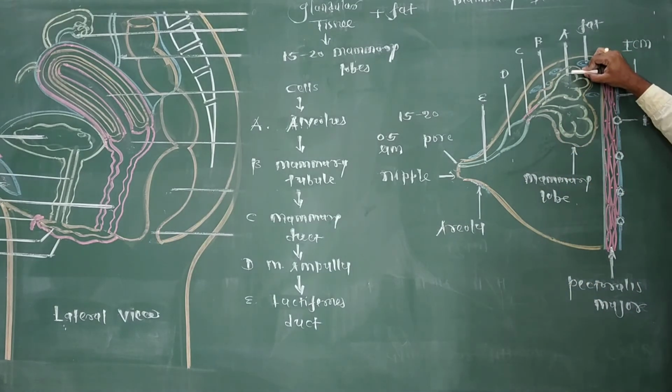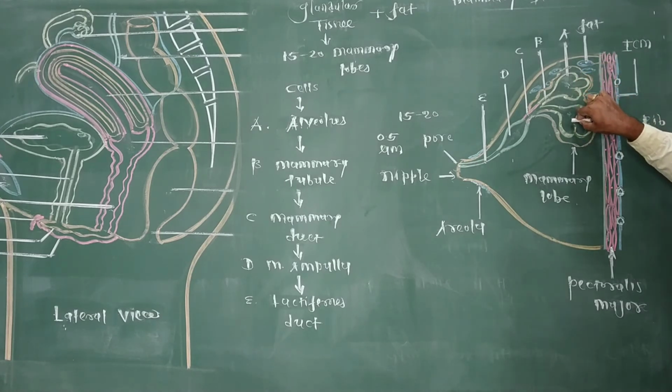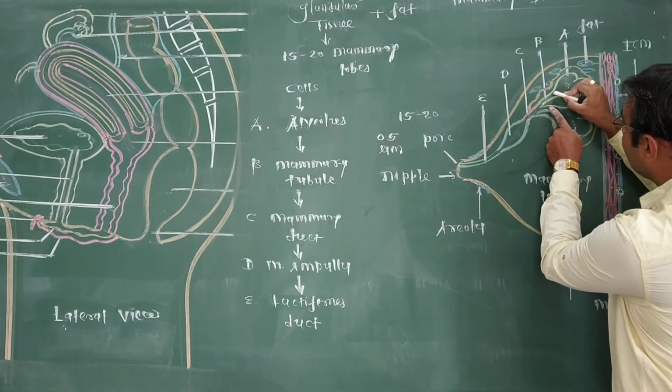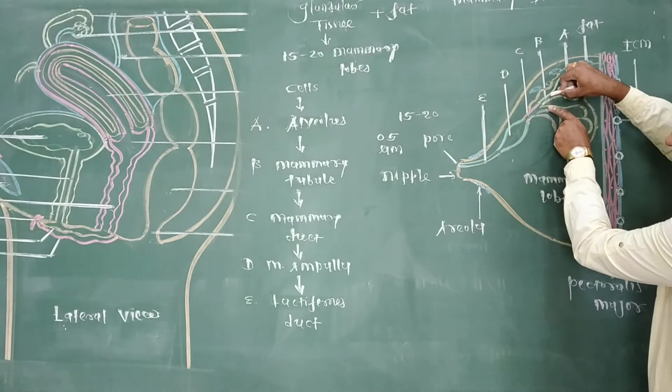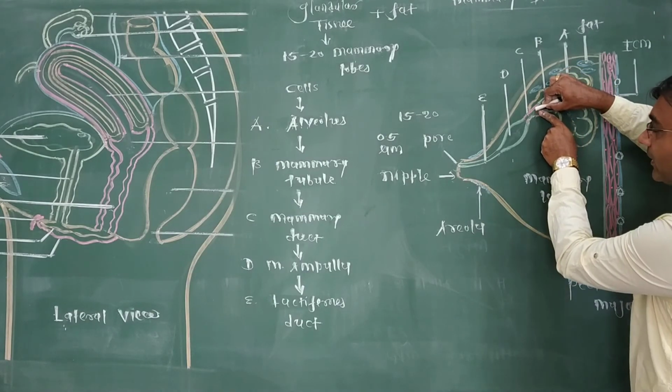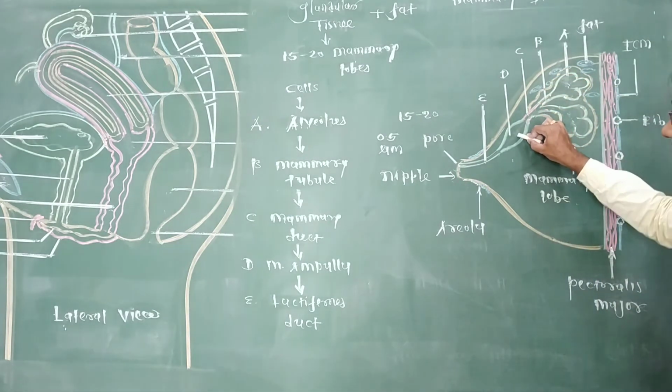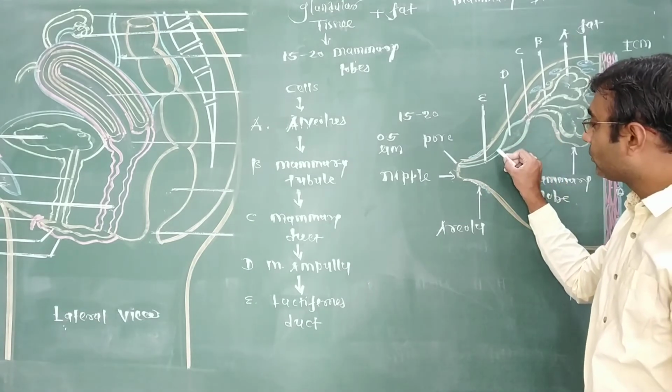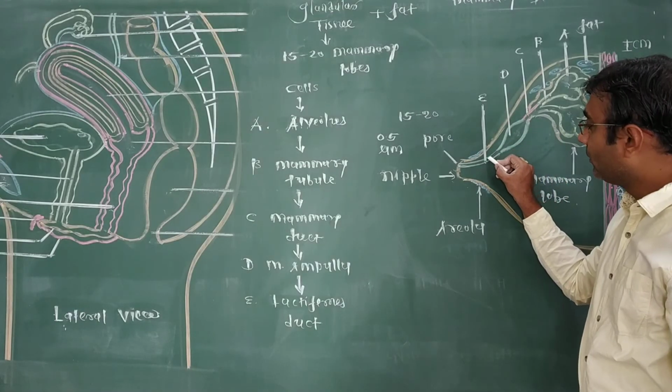Cells of the alveoli secrete the milk, which is stored within the cavity, the lumen, of the alveoli. Now this passes into the mammary tubule, to the mammary duct, to the ampulla, and when milk is sucked, milk comes outside from the ampulla through the lactiferous duct.